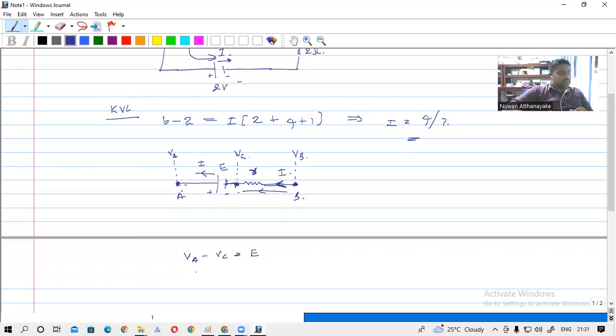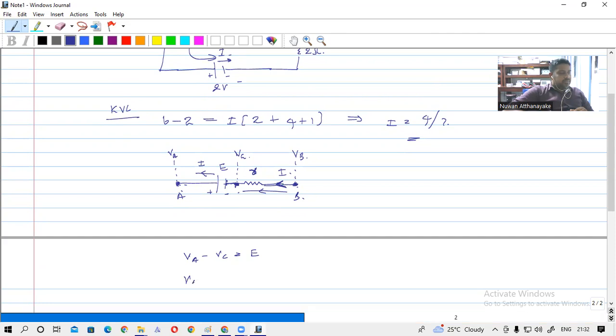If I put Ohm's law, V equals IR, to this branch, between these two points B and C, it will be VB minus VC equals IR, because the voltage is high at B.